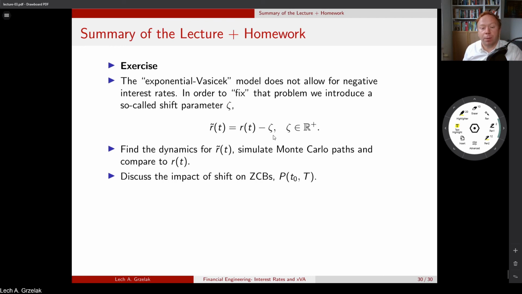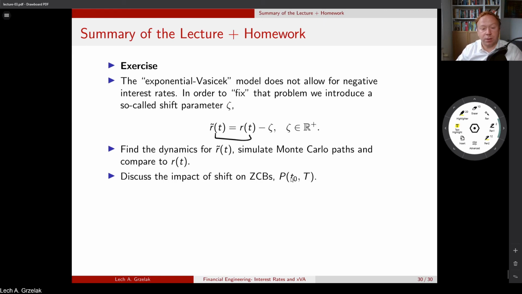So we introduce a parameter, you see it's zeta, which is positive. So we are shifting all the paths of R by this amount. Your task is, of course, to find the dynamics of this R tilde, simulate Monte Carlo paths, and compare it to R. So you have to compare these two models. And then also look at the impact of the zeta parameter on the zero coupon bonds.